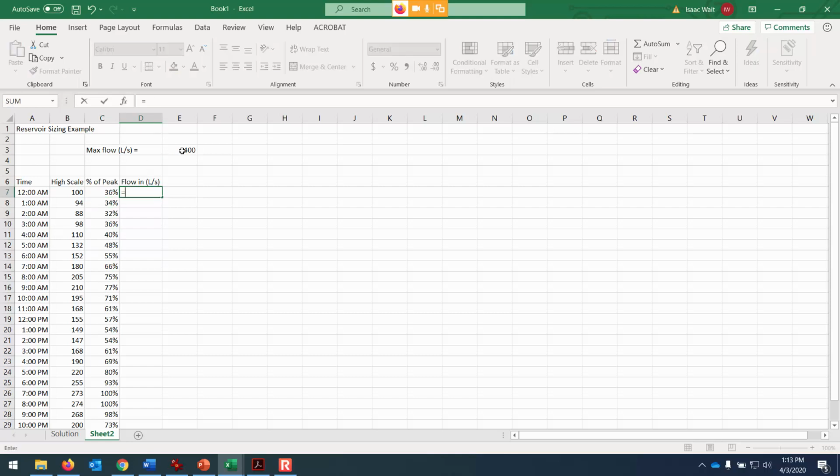So 400 is where I'm tethering it to the known flow rate. So I'll anchor that reference, and I'm going to multiply it by the percent of the peak.